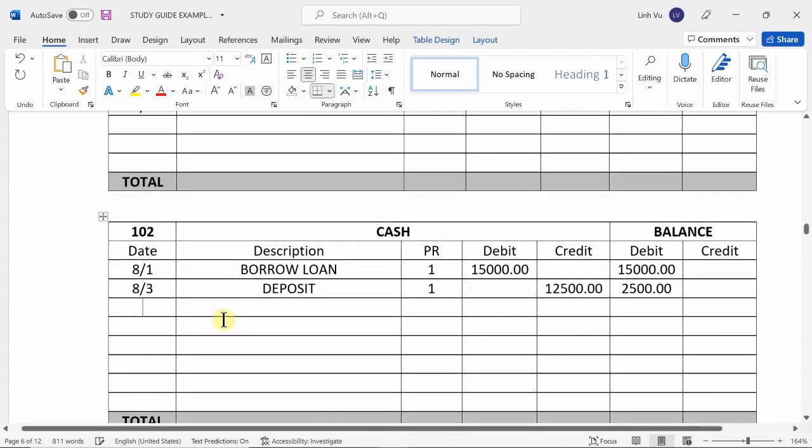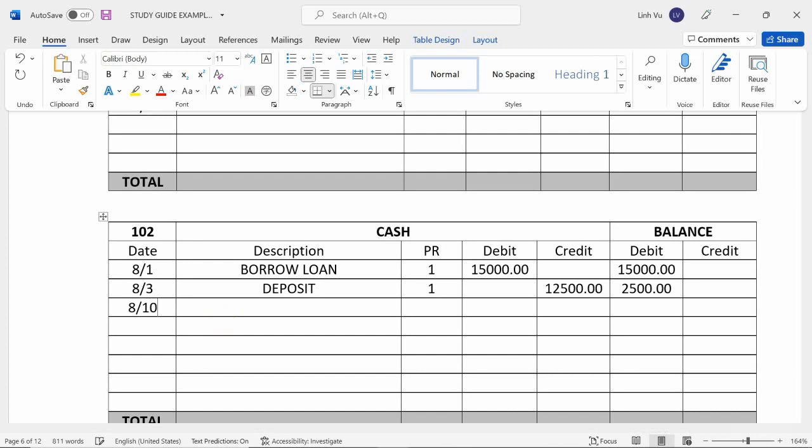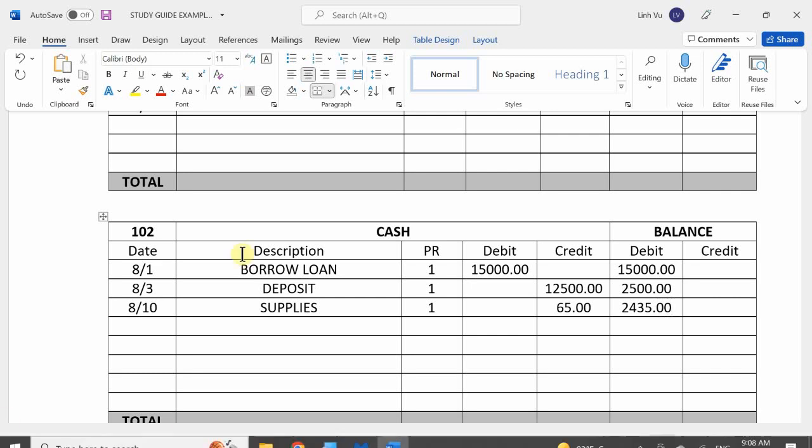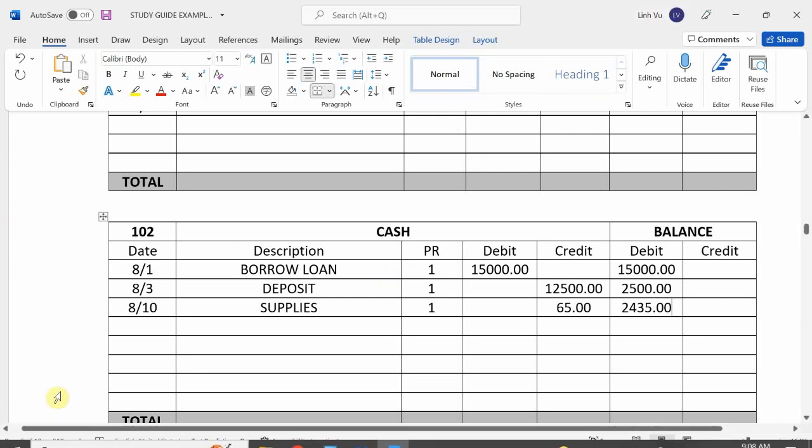Here's your cash account. So in this case, you have $2,500 in your bank. And you spent cash on hand, and you spent $65, so you should have $2,435 left. Okay? Cash remaining in your pocket.